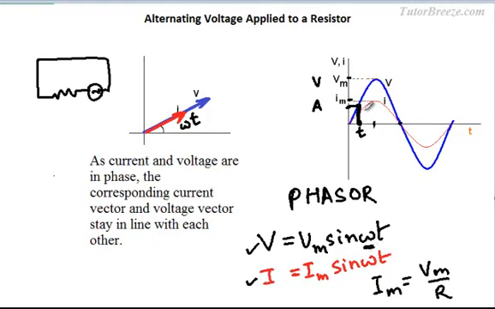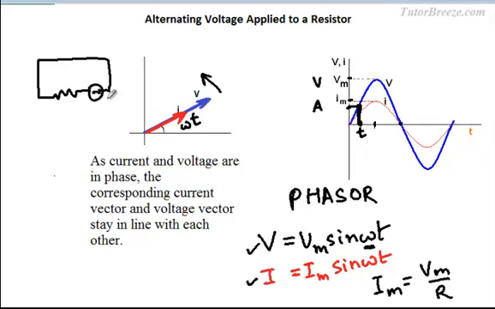They are in step, and this is the phasor diagram which shows the current and voltage moving in phase with each other. You can think of this as two needles of a clock which are rotating in step with each other. There is no phase difference between them.